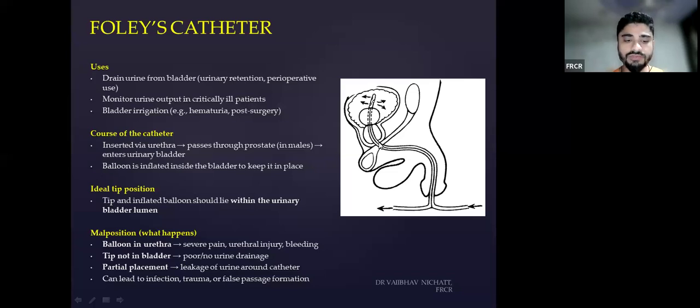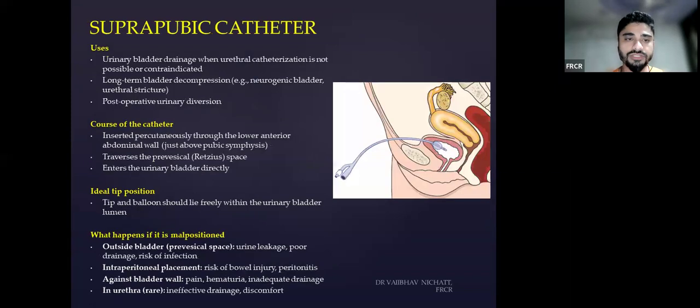If the tip is not seen within the urinary bladder, then there will be poor or inadequate drainage associated with hematuria. Partial placement will have pericatheter leak, and if the Foley's catheter is placed for a longer time into the urinary bladder lumen, then it might act as a source of infection. Patient will have cystitis and other complications.